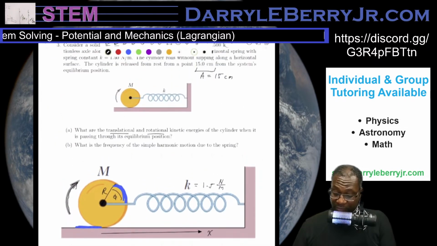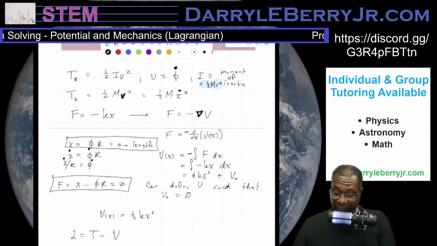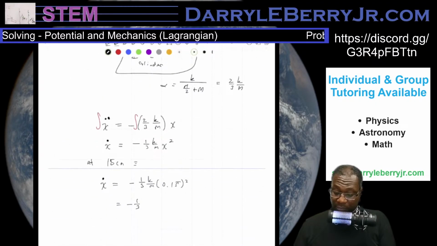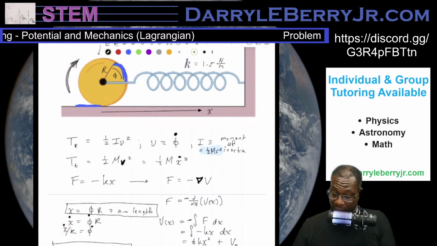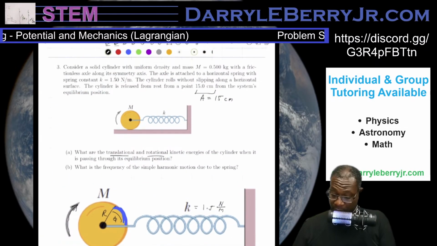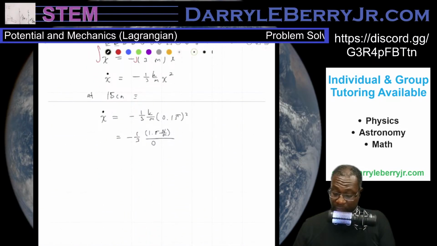K is 1.5 over kilograms times 0.15 squared.